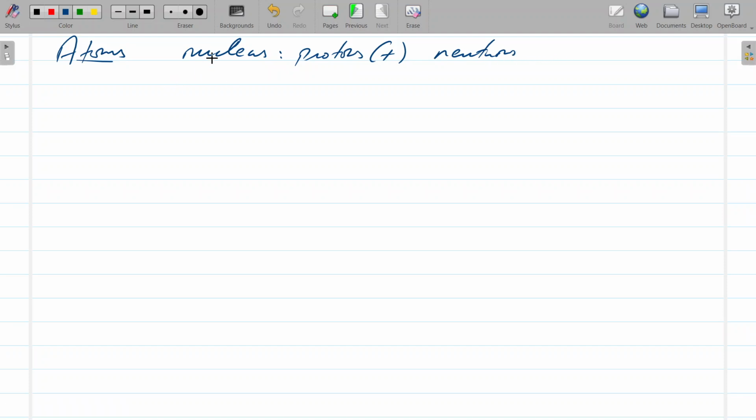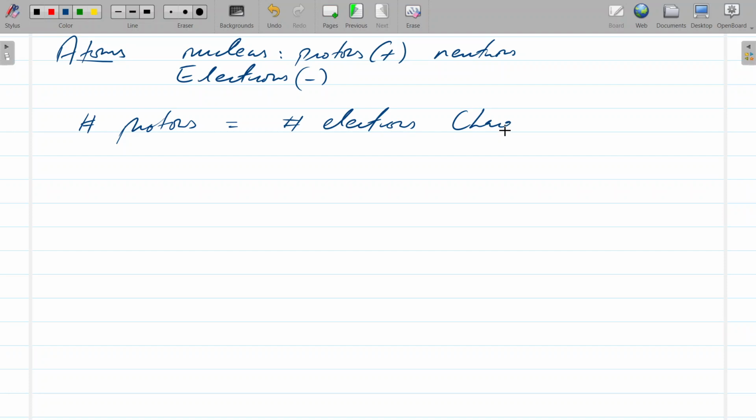And then surrounding the nucleus are the electrons, which are negatively charged. We know this, right? Now, on a whole, you take any atom and the number of protons equals the number of electrons. And so the charge of an atom is 0 on its own.